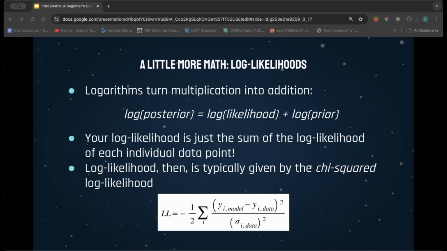If we just turn that to logarithms, it shrinks down to the log posterior, which is what your computer calculates, and is just equal to the sum of the log of the likelihood and the log of the prior. So if we have functions where we can calculate the log of the likelihood and the log of the prior of a set of parameters, we can calculate our log posterior. Does that make sense?